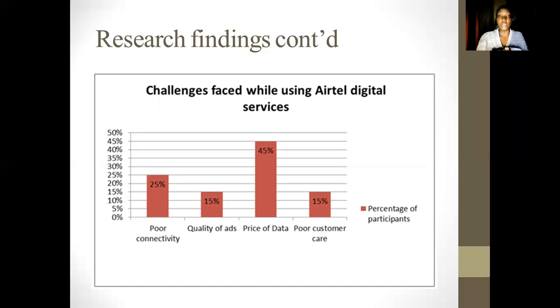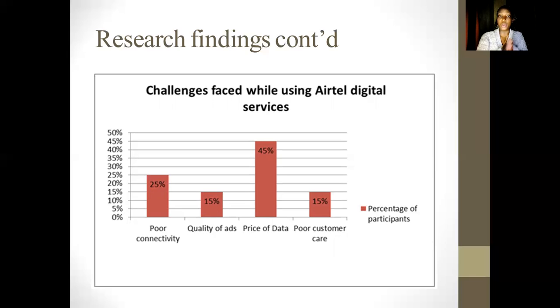With that being said, the bigger percentage say that the services are expensive, so they choose not to use those services, or they choose to use services that are cheaper. For instance, participants say that they buy data bundles a month, which is 10,000, and 10,000 is a lot of money, so they choose to buy fewer services maybe per week.